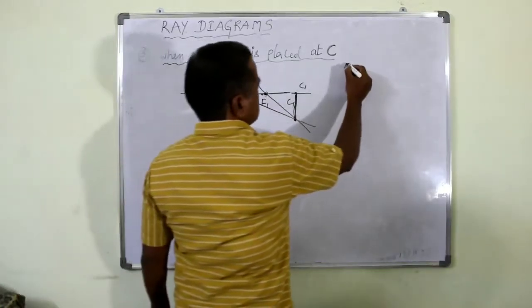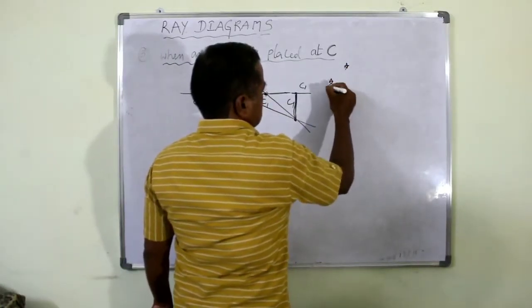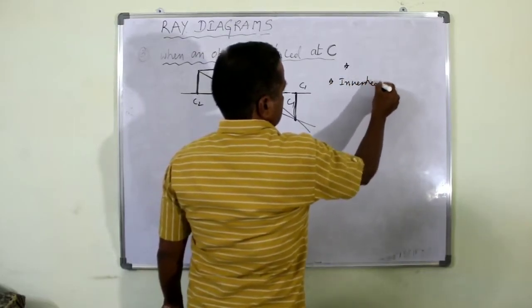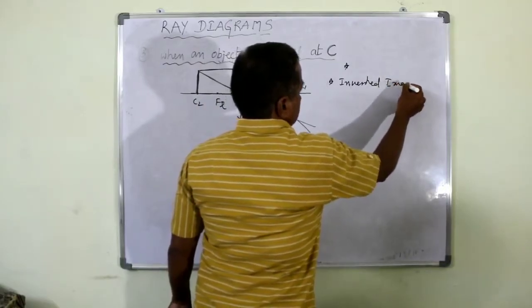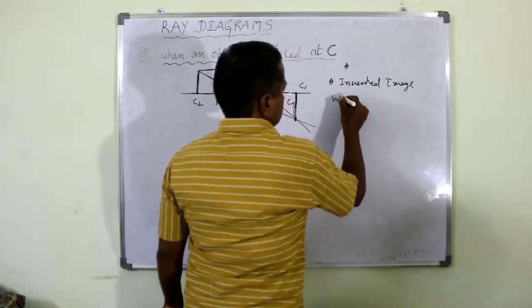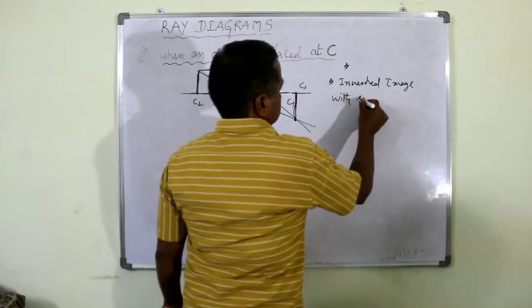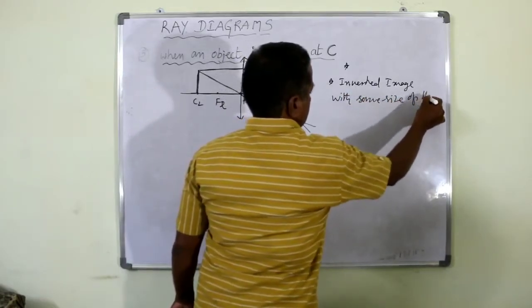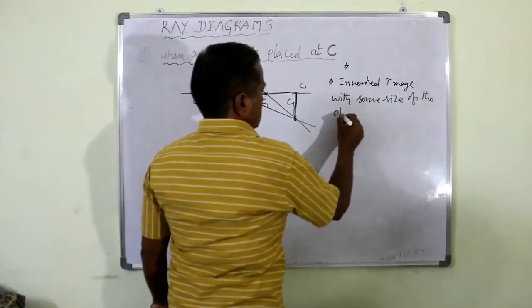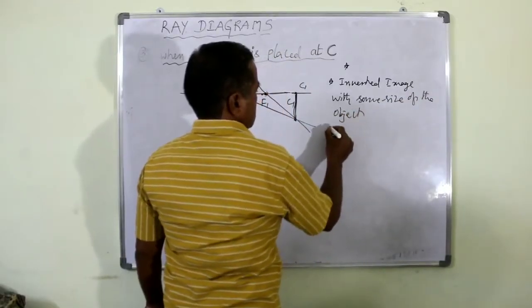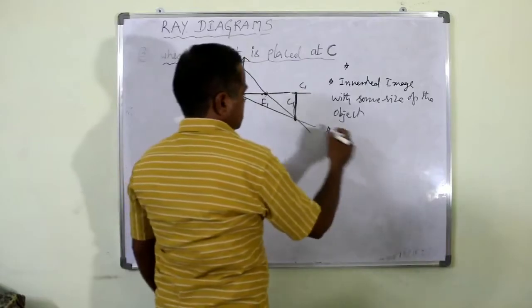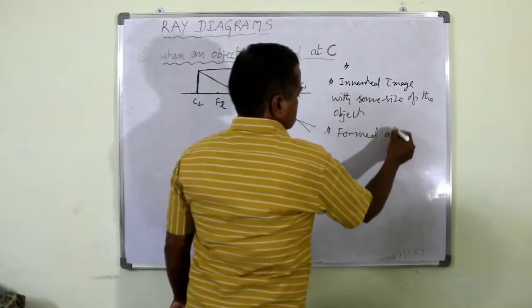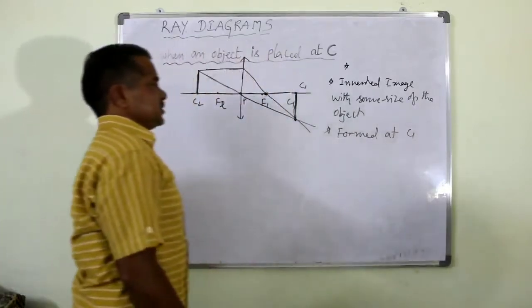So characteristics: inverted image with same size as the object, formed at center of the curvature.